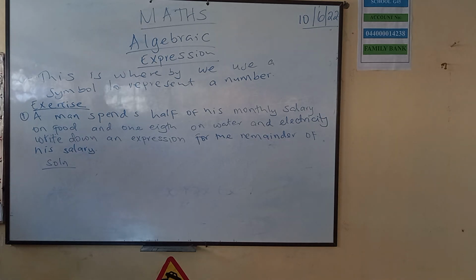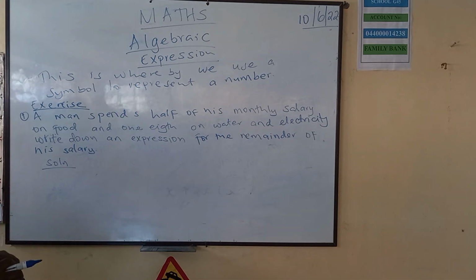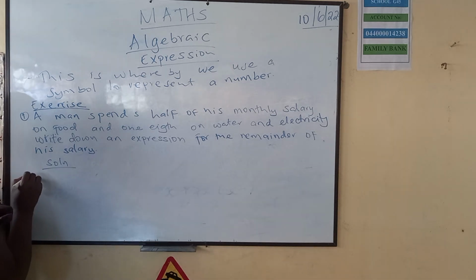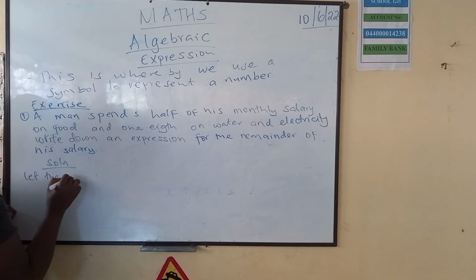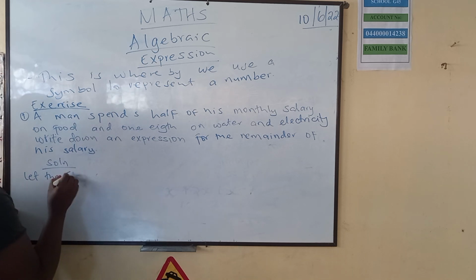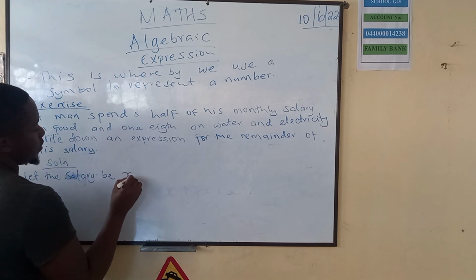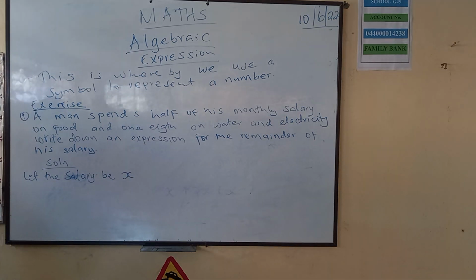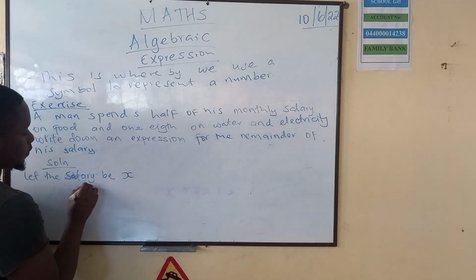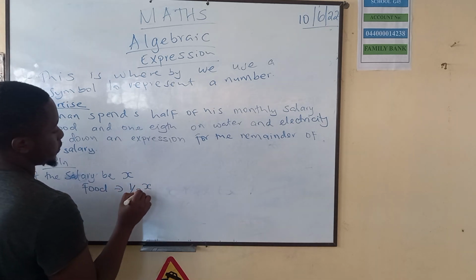Now a man spends half of his salary on food, an eighth on water and electricity. Our center of focus here is the monthly salary, which we do not know. So let the salary be x. He spends half of this salary on food, so food is half of x.